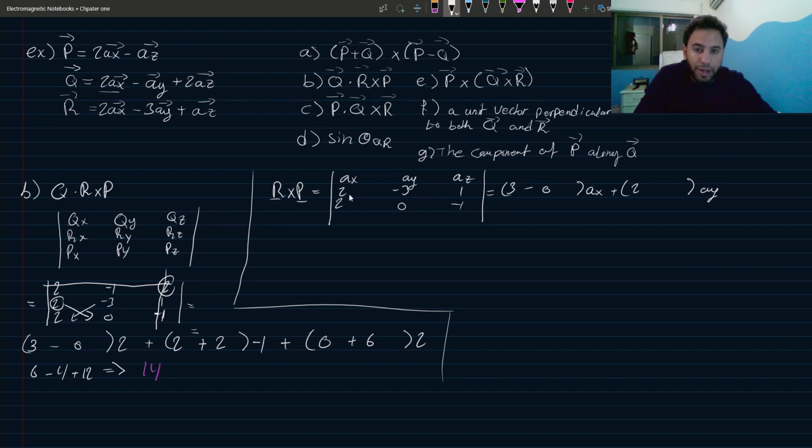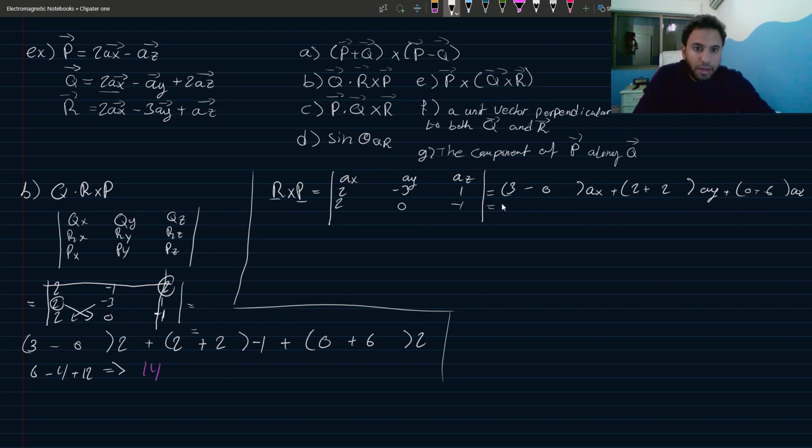We have minus 2 multiplied by minus 1, we have minus 2, and then it becomes plus 2. Plus 2 parentheses, AZ, and now we have 2 times 0, which is 0, minus, plus 6.